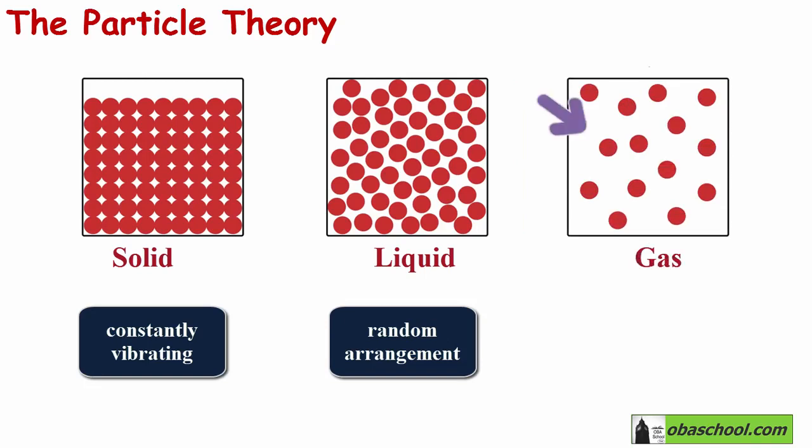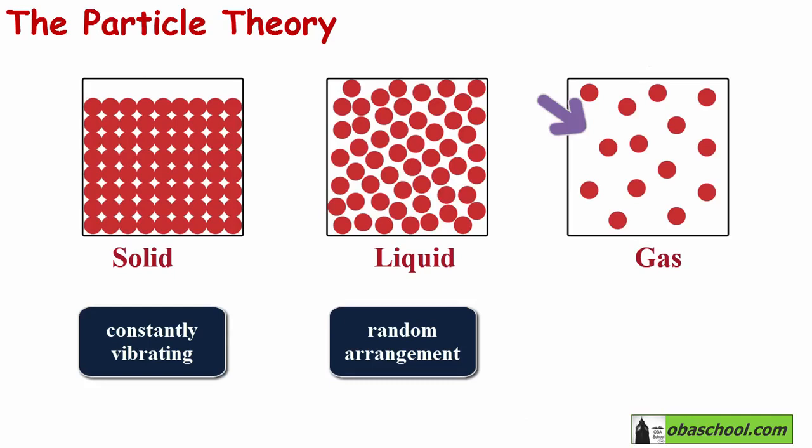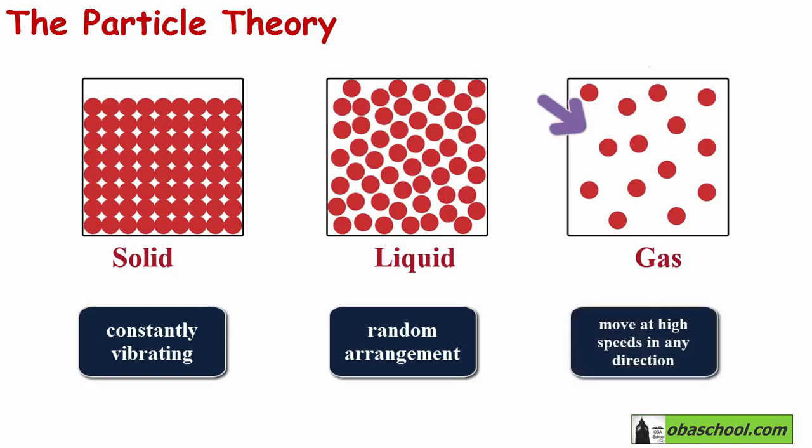The particles in a gas have on average much more space, so notice how far they are from each other. They can move around at high speeds and in any direction. So they have a random arrangement. So particles in the gas state are far from each other and they move at high speeds in all directions.